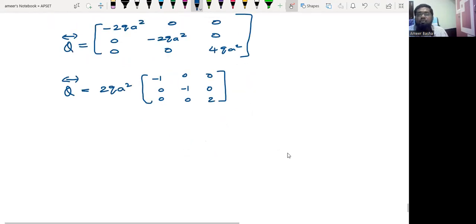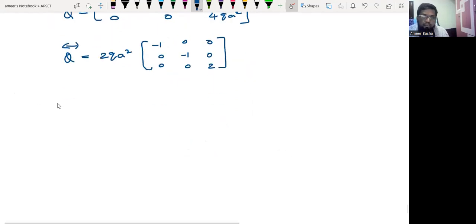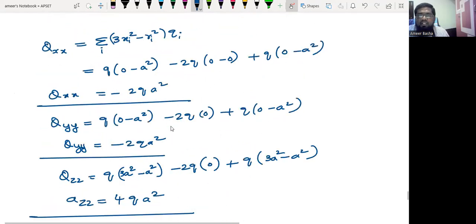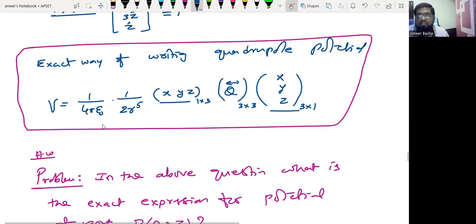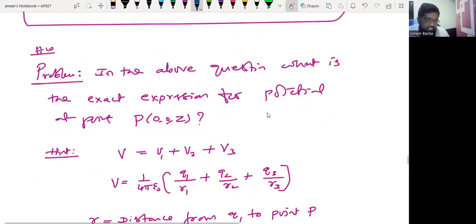Then what do we need now? What we actually need is the potential. Before the last break, we wrote the expression for the potential. That is 1 by 4 pi epsilon naught, 2 by r power 5, written at the point where we want to find it, r power 5, and we multiply it. Let me write.